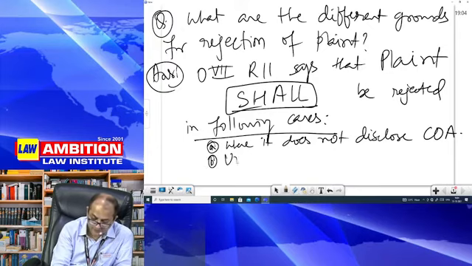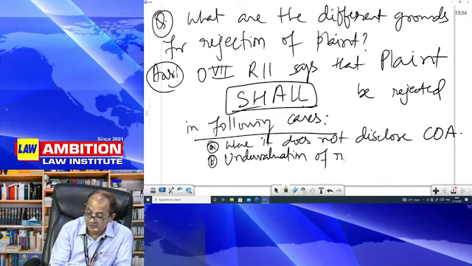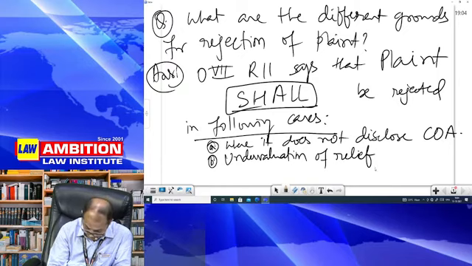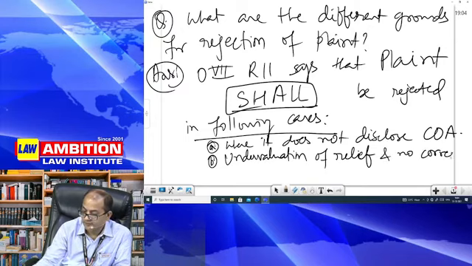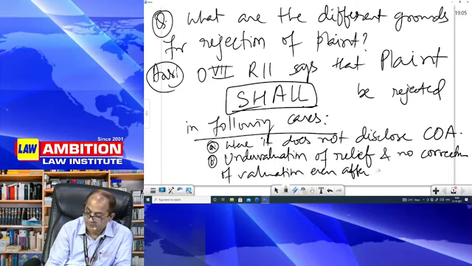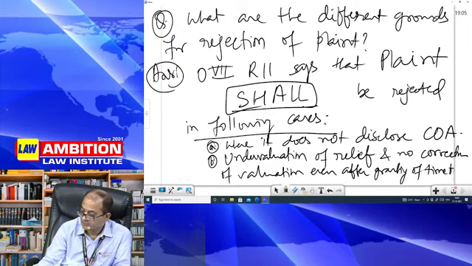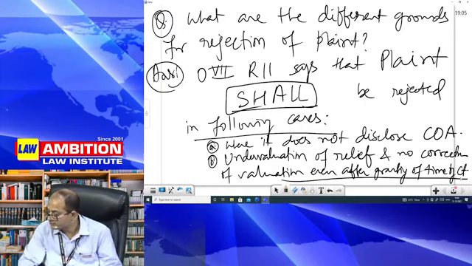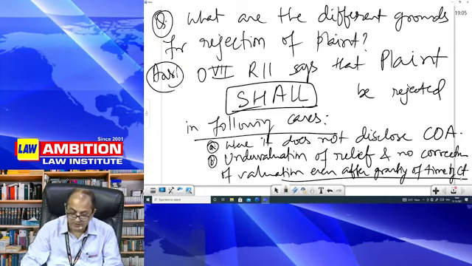Undervaluation of relief, and no correction of valuation even after granting of time by court.